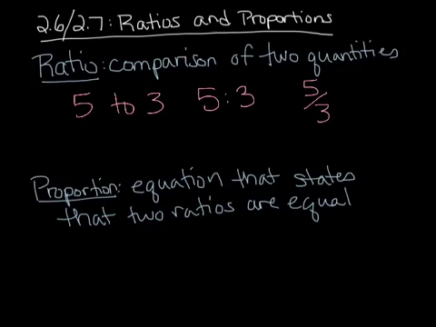And if you have two ratios that are set equal to each other, that's what we call a proportion. So I'm actually going to give you an example of one. If you have x over 35 equals 4/7, you can actually solve this to figure out what x is, because we know that these two fractions, these two ratios, are equal to each other.